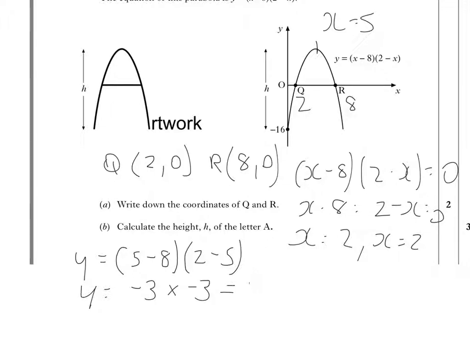A minus times a minus gives me a plus, and that's 9. So the y coordinate up here is 9. The y coordinate down here is minus 16. So from minus 16 up to 0, that's 16 units up. From 0 up to 9 is another 9 units up. So the height of the shape is given by 9 plus 16, and that's 25. And that's the end of the question.